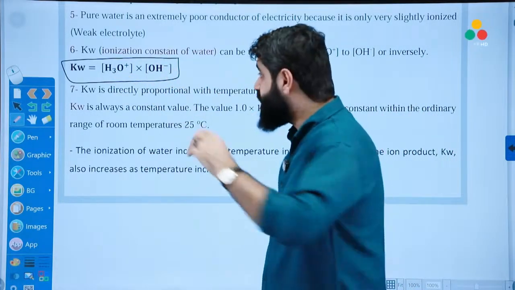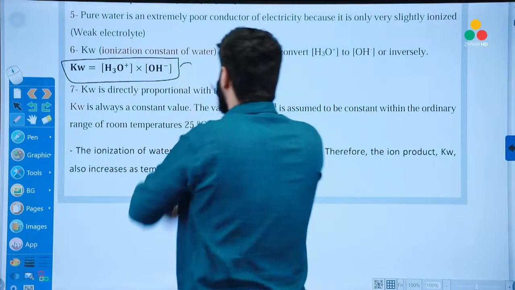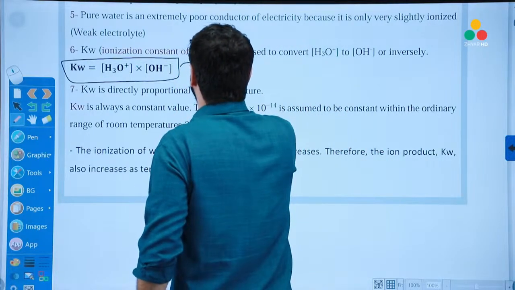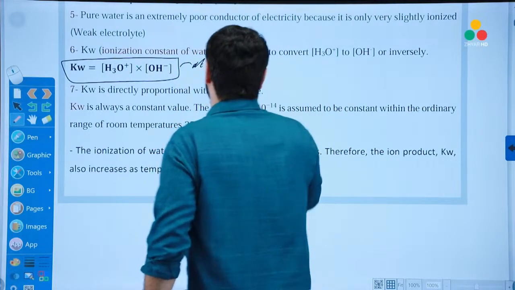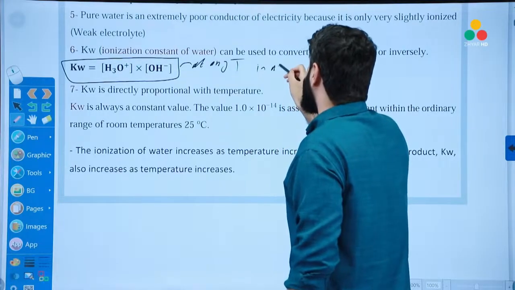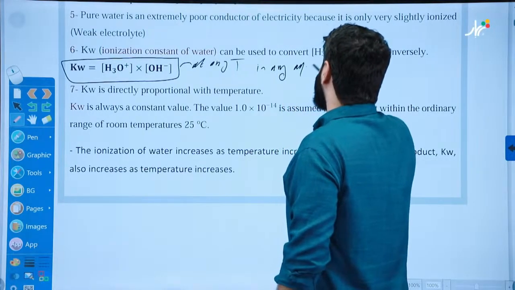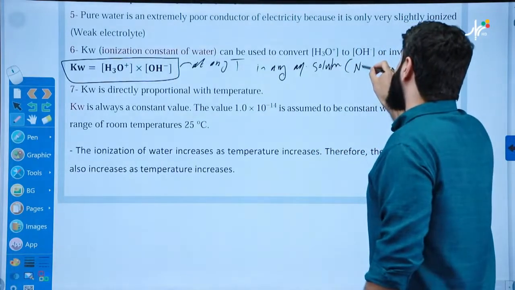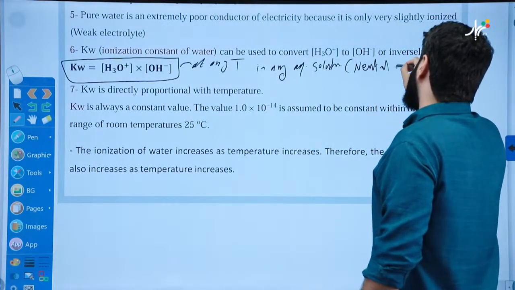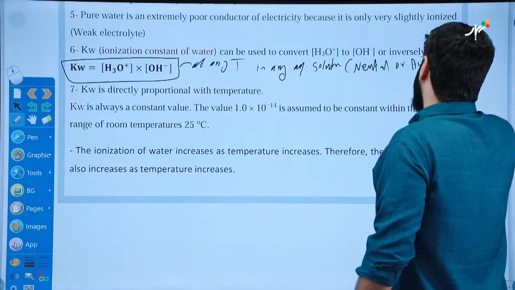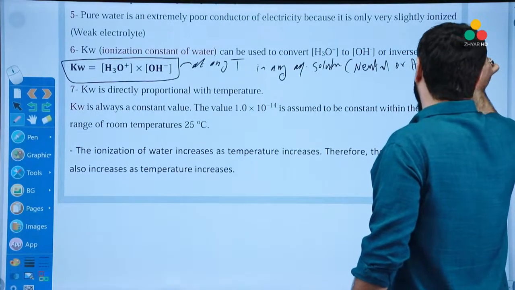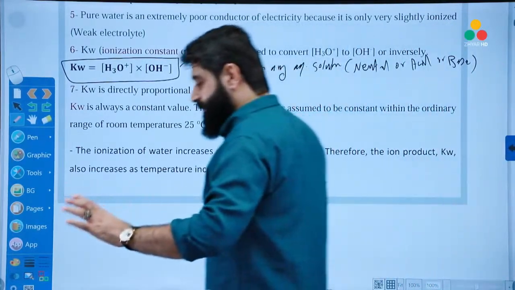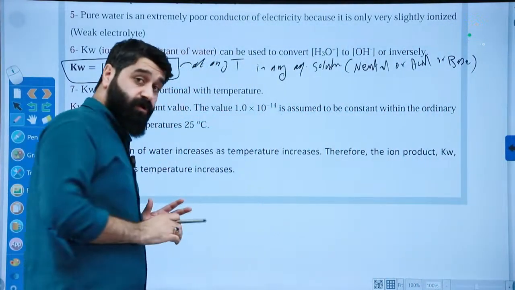Be careful about this rule. This rule is applicable at any temperature and in any aqueous solution, no matter if it's neutral or acid or base. Yalla, follow along with me. Kw equals H3O times OH.